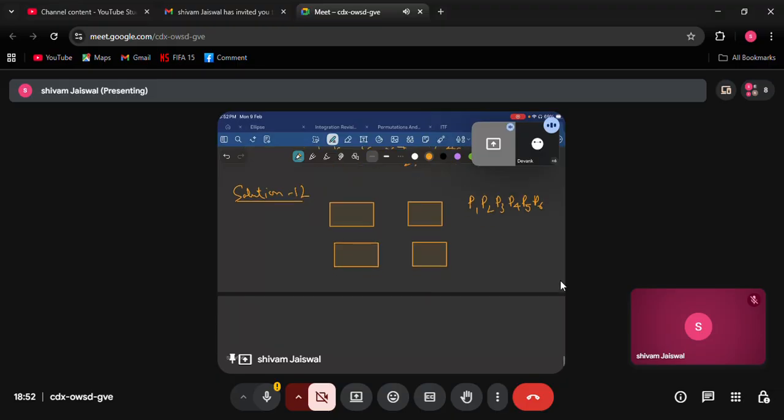Number of ways to select any 4 persons will be? Samita, 4 persons will be accommodated into 4 rooms in how many ways? First of all, you select any of the 4 persons. In how many ways can you select any of the 4 persons? Tell me.